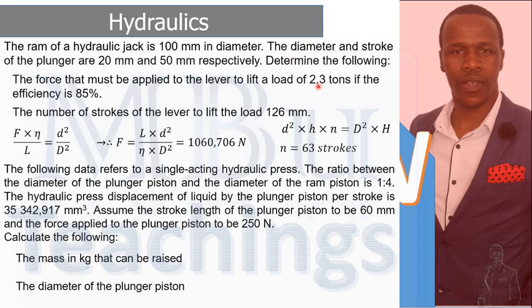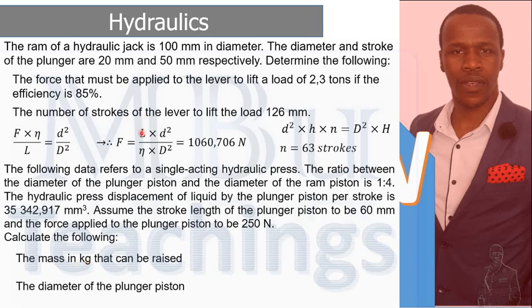To find L, we said mass times G, then we got L. So in other words, now if you want the mass, we will say L divided by G, then we will get the mass in kg. I think that is clear.